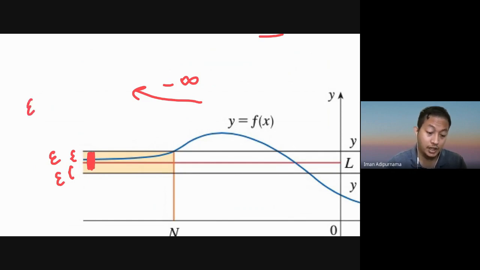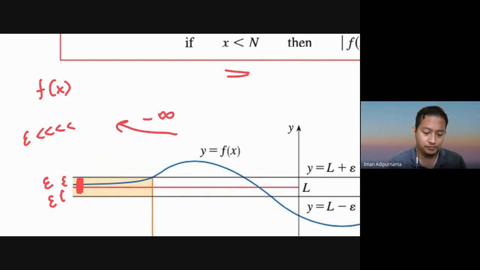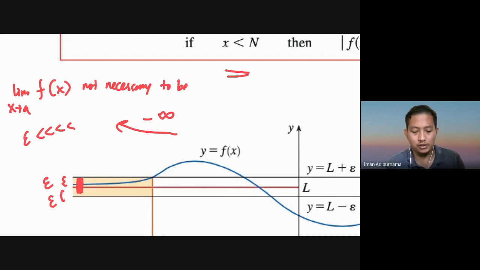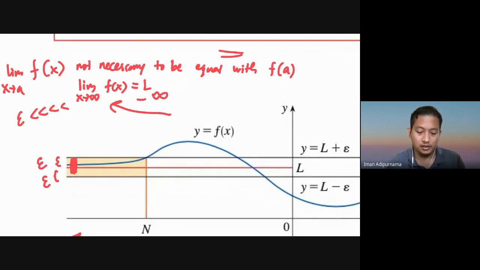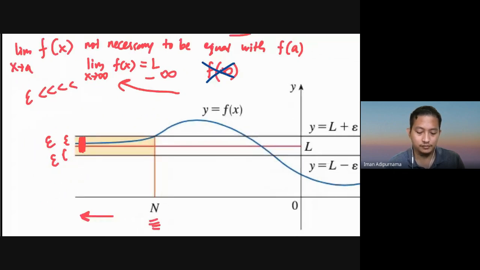And remember that because epsilon is very small, this is just to show you that it has a limit, which means f of x is not necessarily equal to f of a, or in this case, when x is getting to infinity, it should be equal to L. But of course, if you want to find the value at infinity, it won't be possible, right?